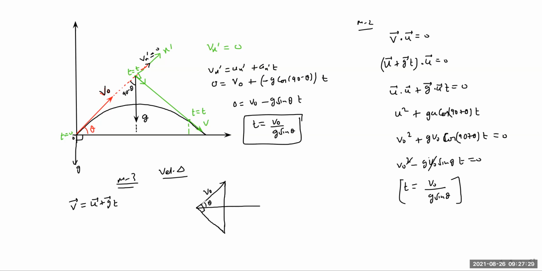So this angle must be a right angle because this is my final velocity, and the vertical length you can see is gt. So this angle is 90 minus theta, and in fact you can see this angle is theta, and in this triangle gt sin theta itself is v naught because gt is acting as the hypotenuse. So we got the answer.